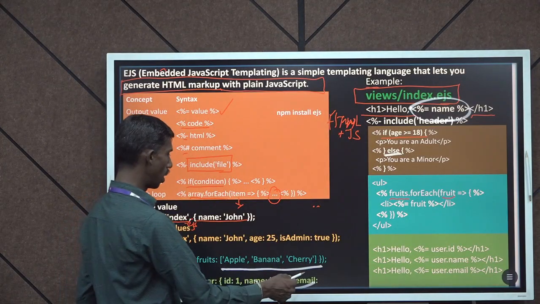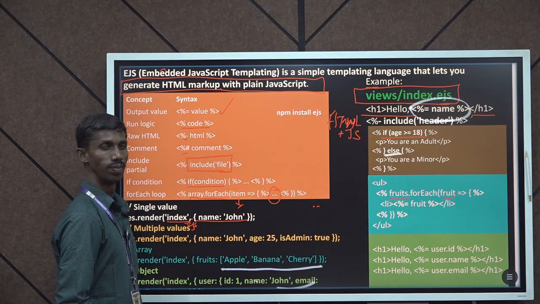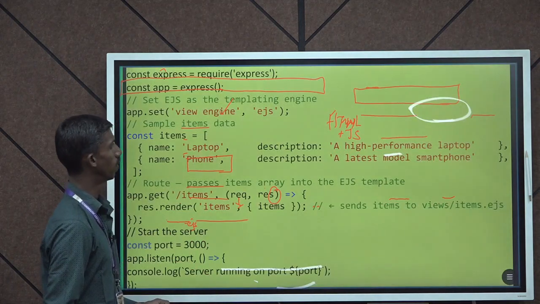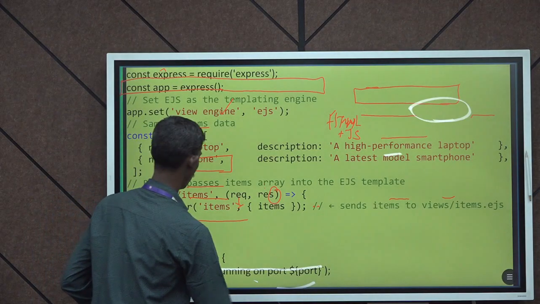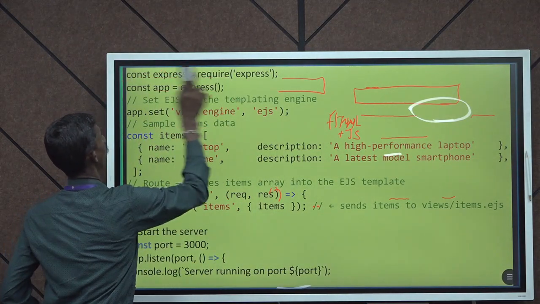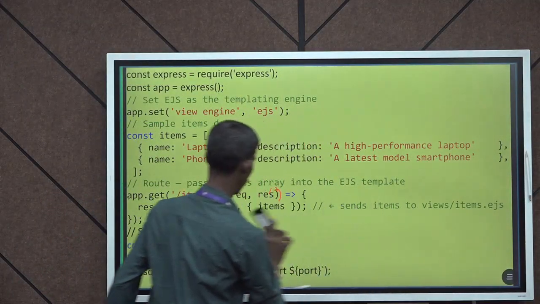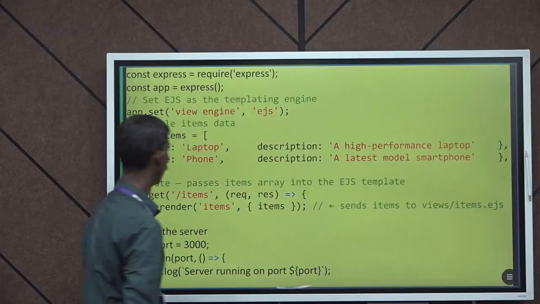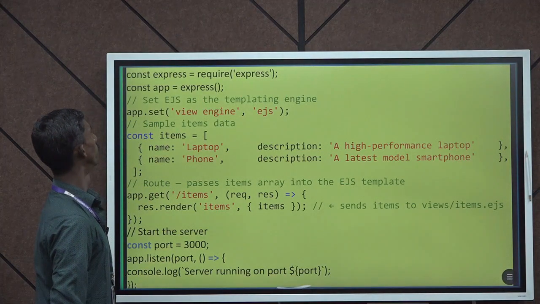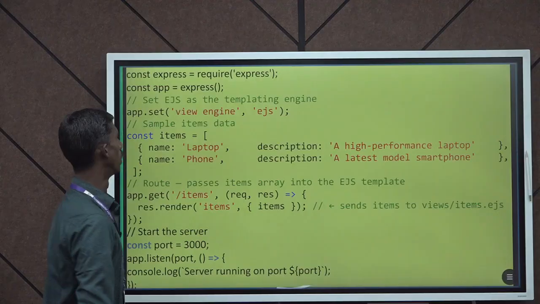User dot email extracts the email ID of the particular person. This is a simple example of how you have to work with EJS.